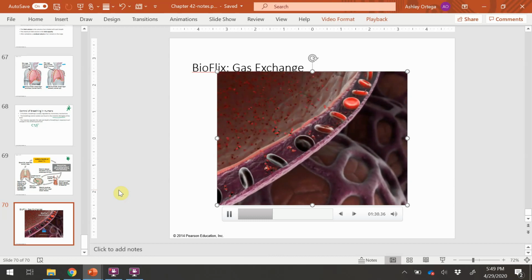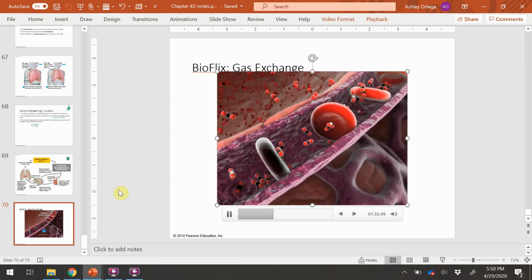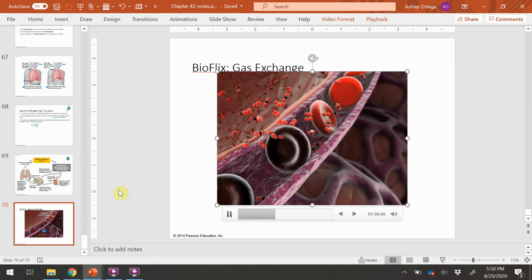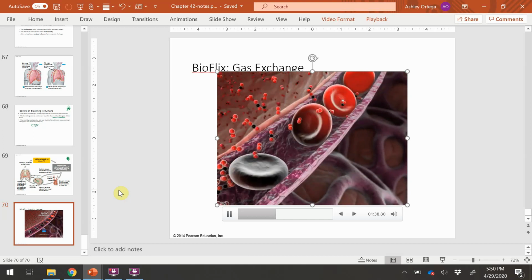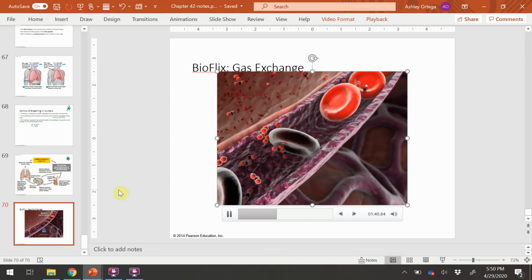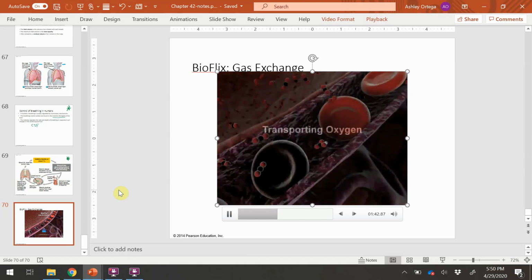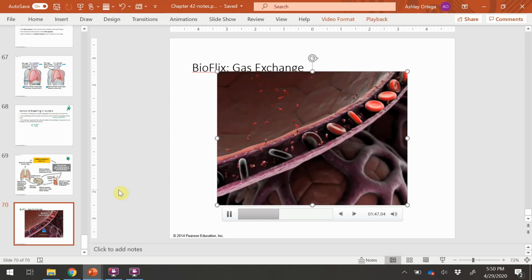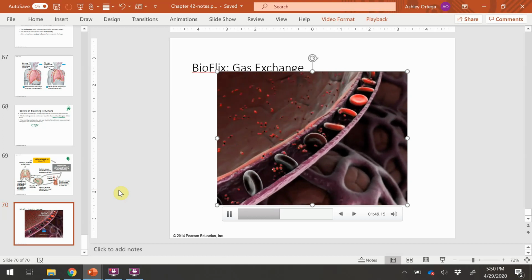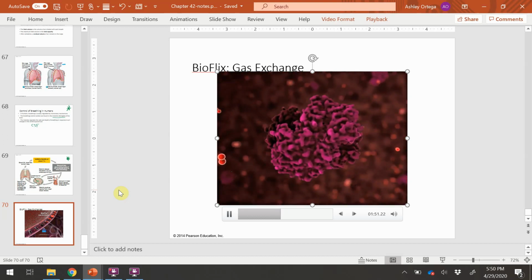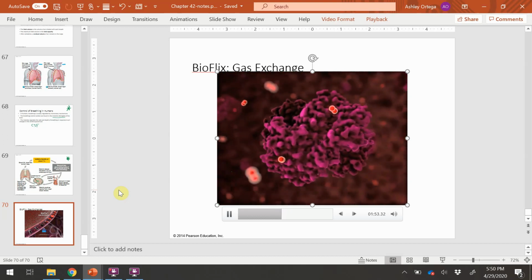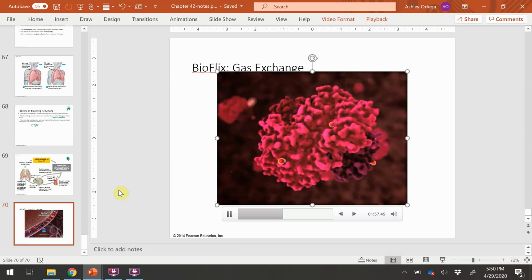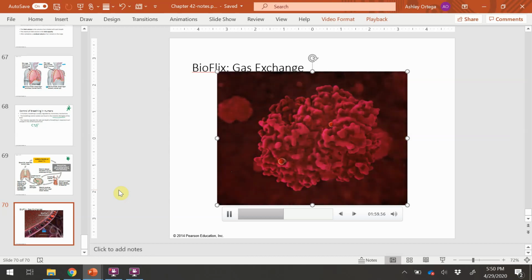Oxygen diffuses from the alveolus to the blood, and carbon dioxide diffuses from the blood to the alveolus. As blood flows through the capillary, it becomes rich in oxygen. In the blood, oxygen diffuses into a red blood cell and binds to hemoglobin, a protein made up of 4 subunits. One oxygen molecule can bind to each subunit.